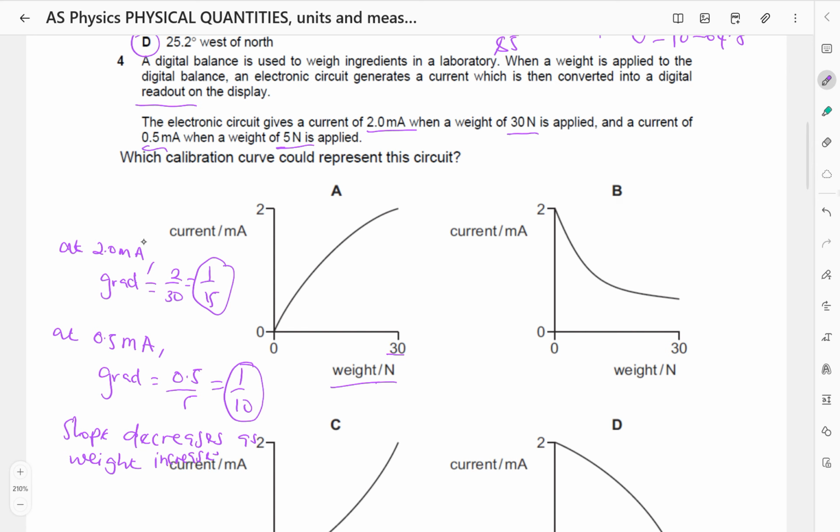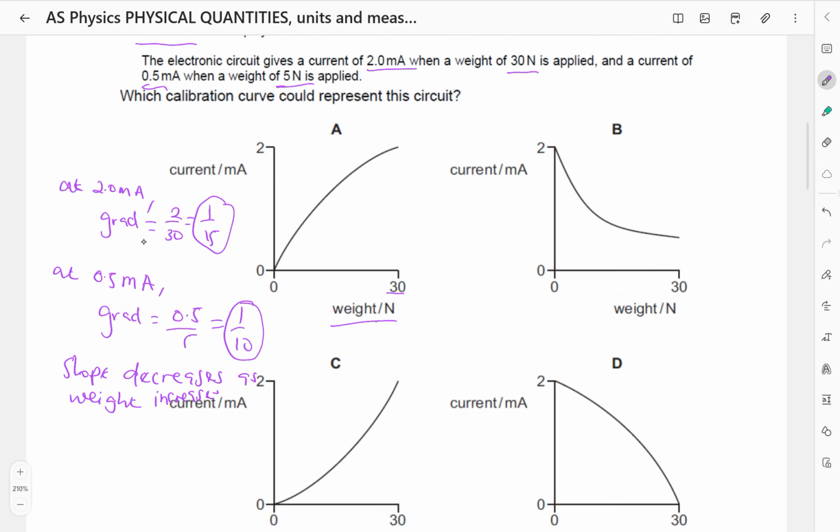So we have seen that the slope must decrease as the weight increases, because for small values of I and W, the slope is 1 over 10. And for a higher value of 2 milliamperes, the slope is 1 over 15, which is smaller than before. It means if we continue increasing the weight, still the slope will become smaller.